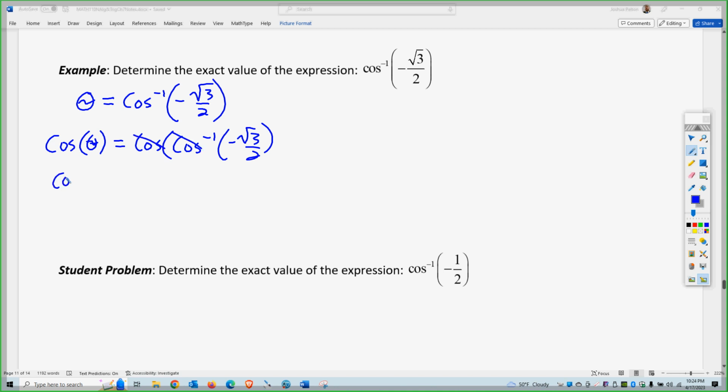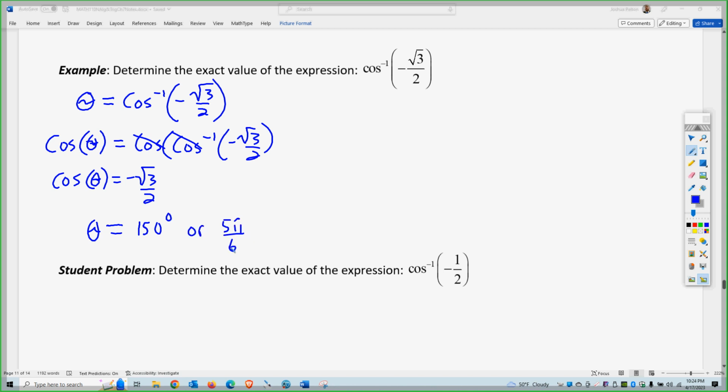So I get cosine of an angle equals negative root 3 over 2. So what is the angle that gives us negative root 3 over 2? Well, in fact, it's 150 degrees or 5 pi over 6.